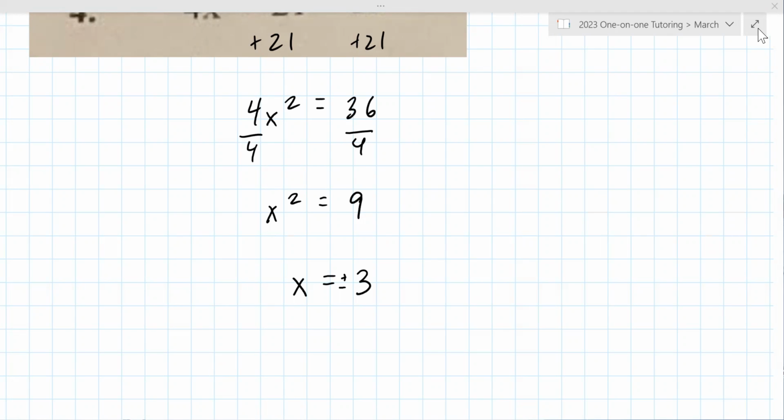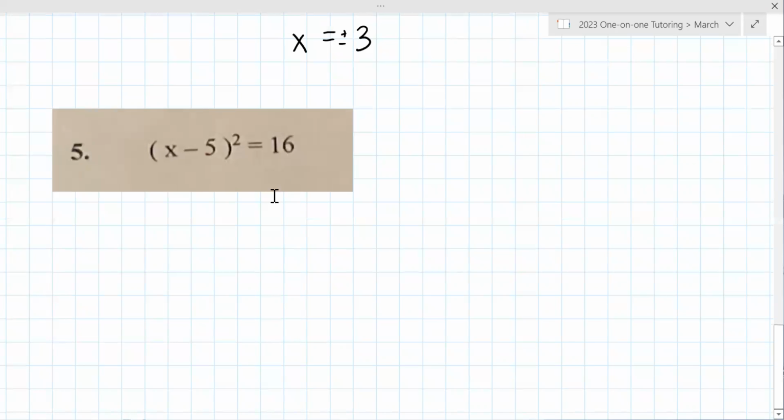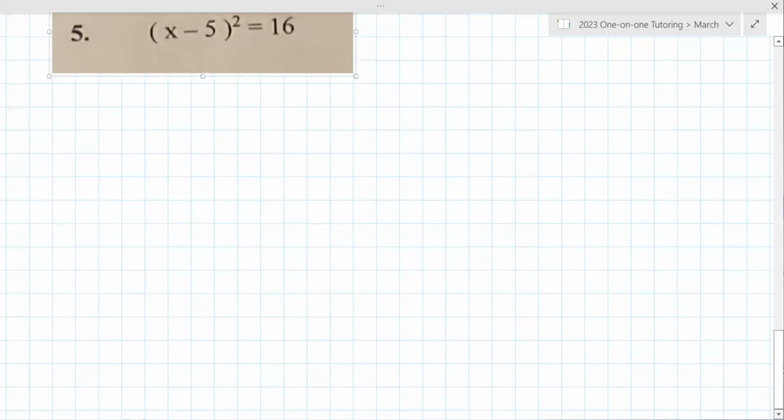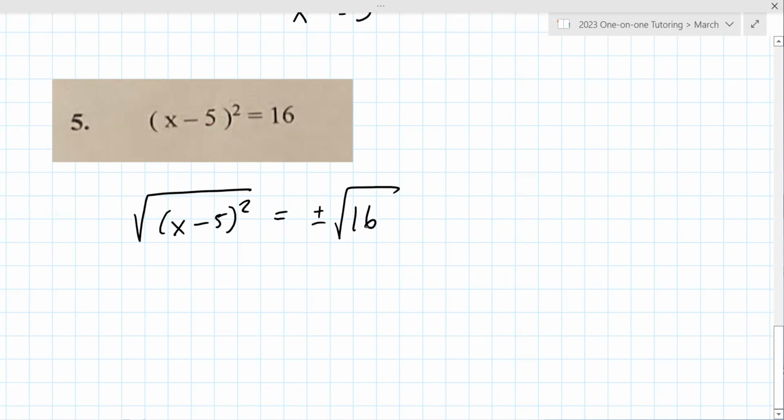All right, number 5, you ready for that? Yeah. Okay. Number 5 here. So we've got kind of a similar situation. You do take the square root of both sides. So what do you get on the right side?